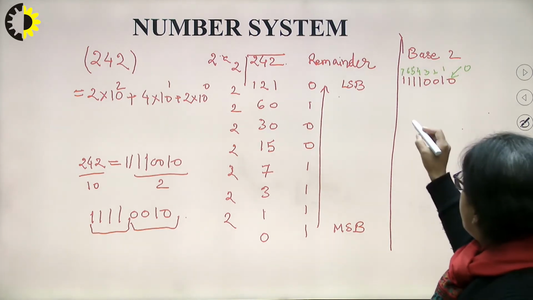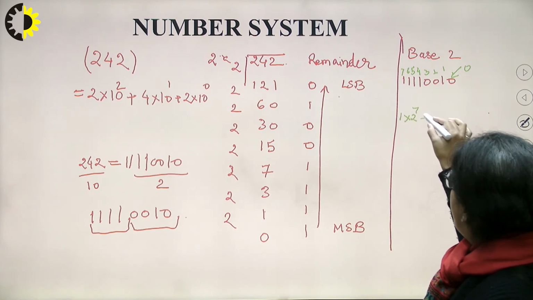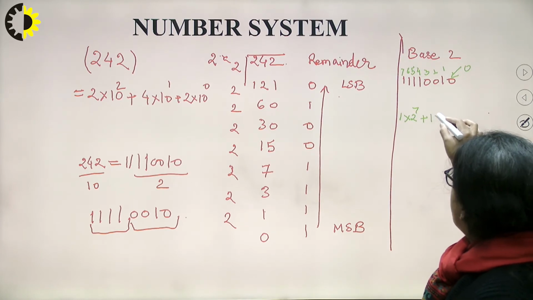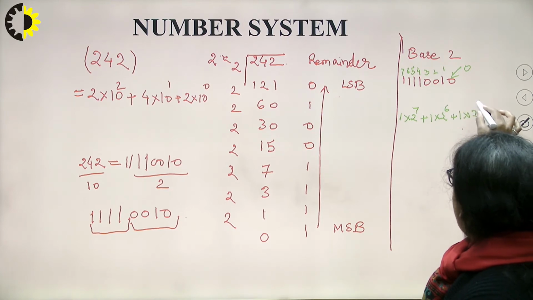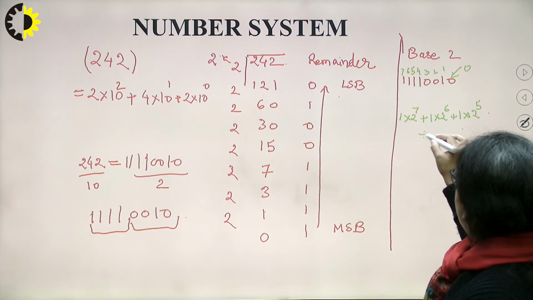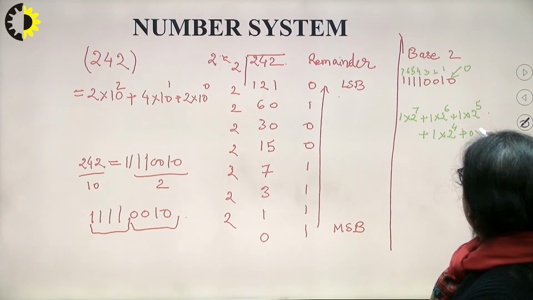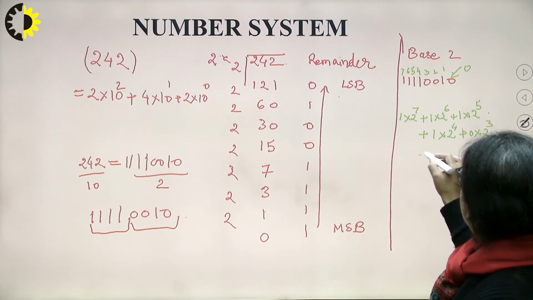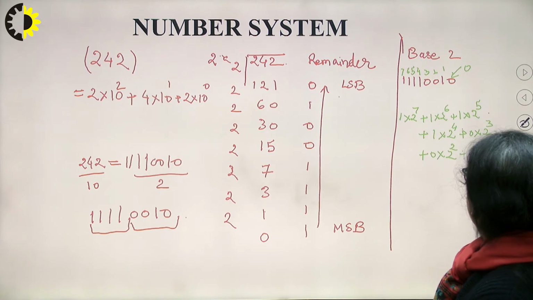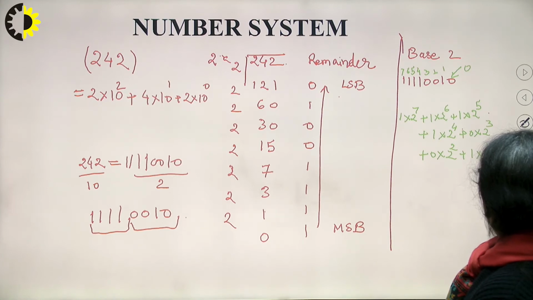So I will write it as 1 into 2 raised to power 7, plus 1 into 2 raised to power 6, plus 1 into 2 raised to power 5, plus 1 into 2 raised to power 4, plus 0 into 2 raised to power 3, plus 0 into 2 raised to power 2, plus 1 into 2 raised to power 1, plus 0 into 2 raised to power 0.